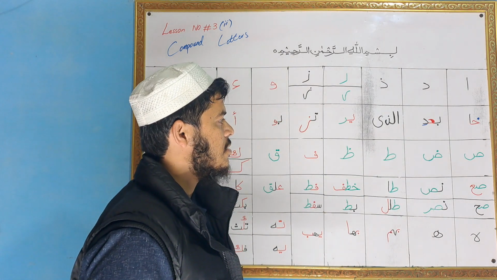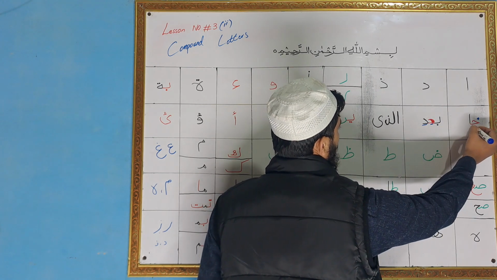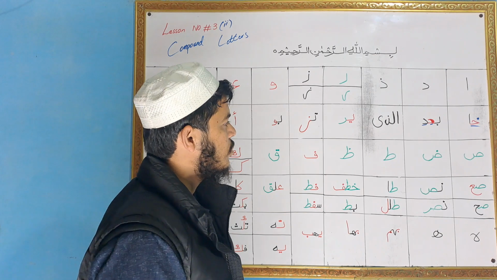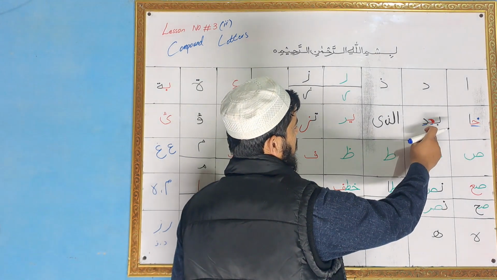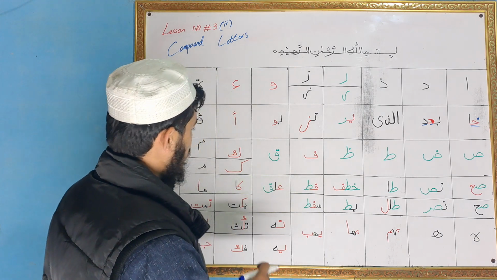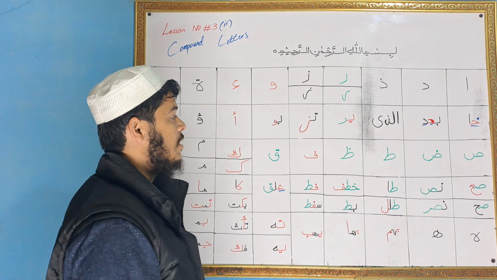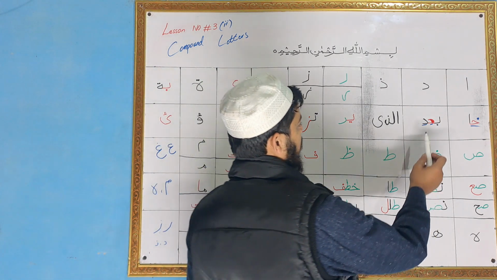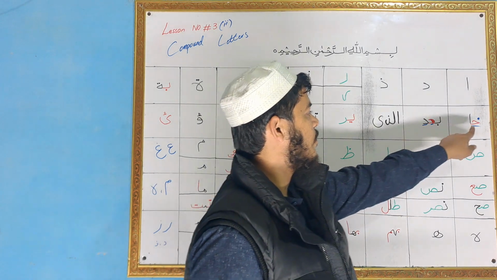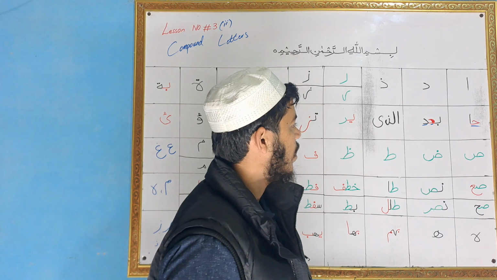And I have seen some people have confusion about ain and ha or kha. So you can see ain when it is in this shape, it is very obvious, you can recognize it easily. But when it is this shape, I have seen some kids get mixed up with the letter ha.